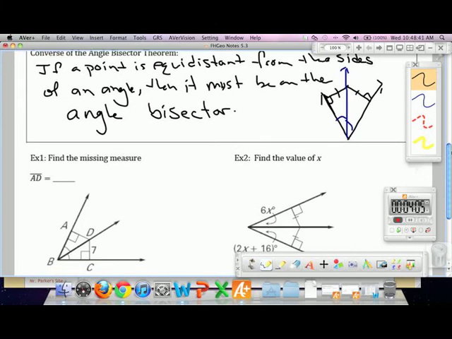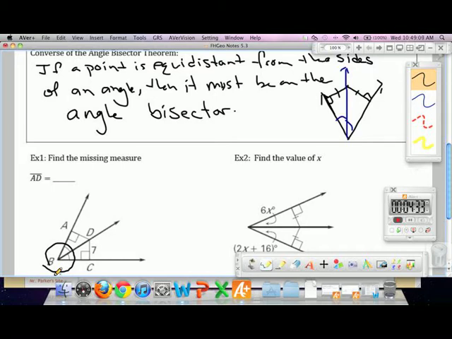So we can use each of those two things as one example of each. Using the first idea, if the point is on an angle bisector, notice that ray BD is bisecting angle ABC. It's divided into two equal parts. Then any point on this ray is equidistant from the two sides.